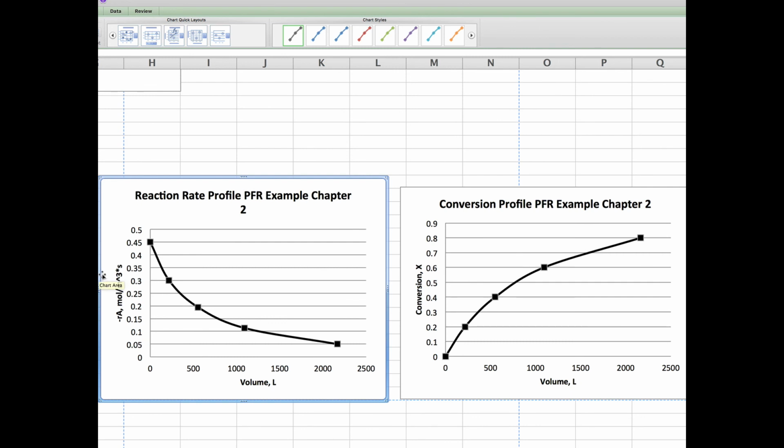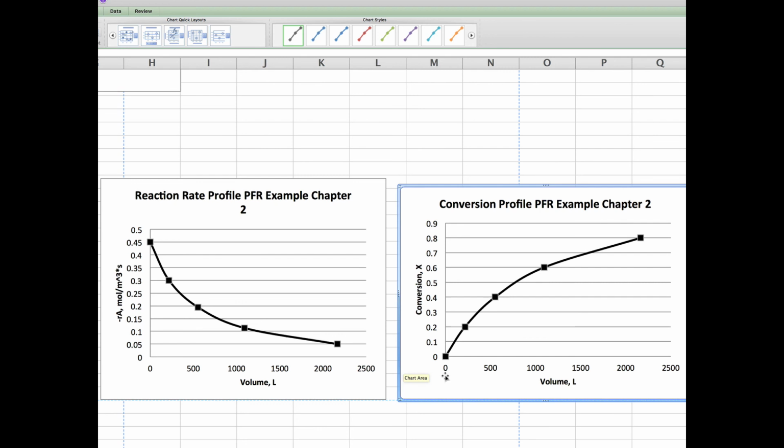Remember that the reactants are being consumed, and we are trying to define the volume to get that 0.8 conversion. You can see that more clearly in this graph with conversion, where you see that at volume 0, there's no conversion of the reactant. As the reaction progresses through the volume of the reactor, we see reactant A being consumed.